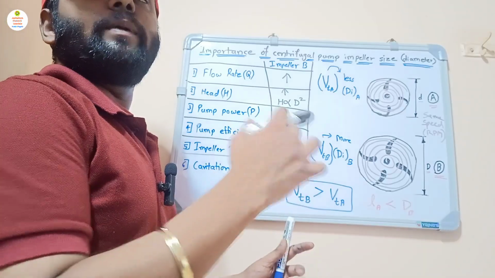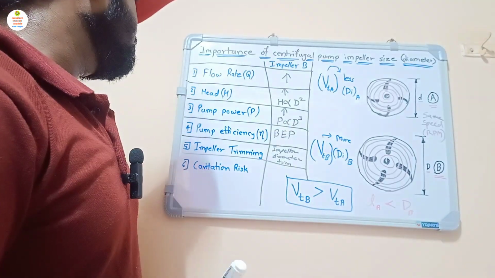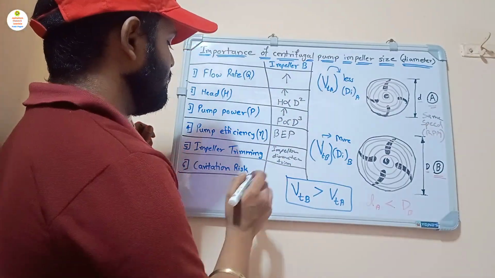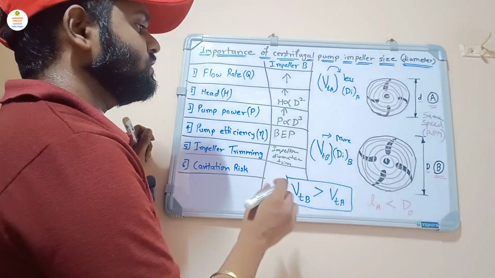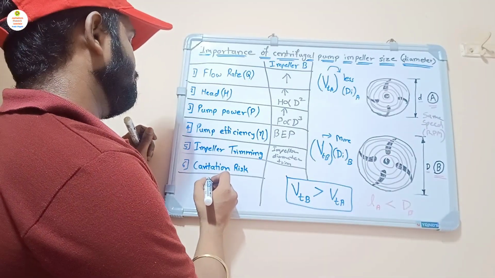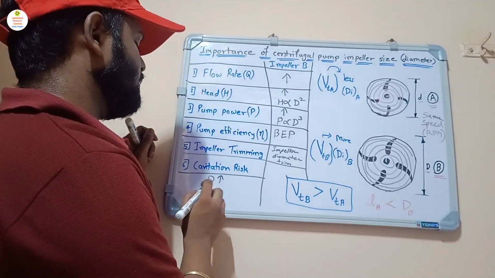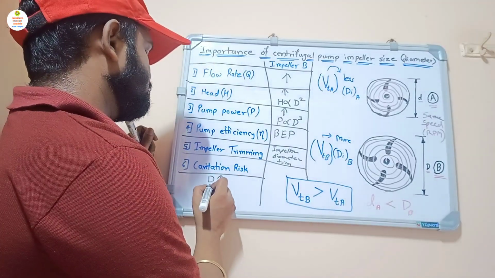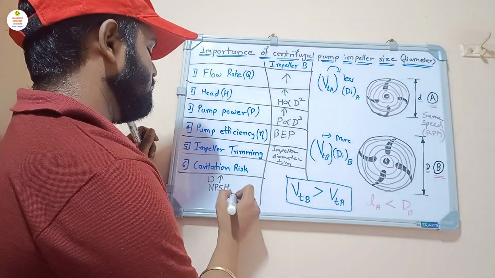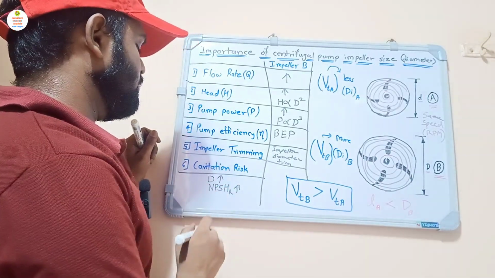Further, let's see cavitation risk. If we increase the diameter of the impeller, then the NPSH required, NPSHr, increases.